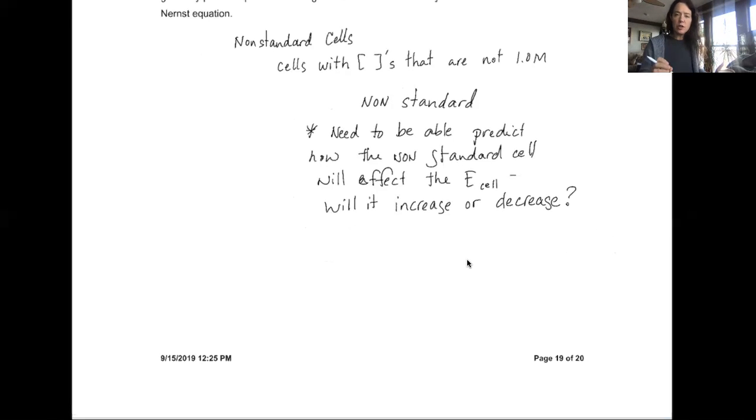Cell voltages, your E cells, are always working towards 0. They are working towards equilibrium, right? At equilibrium, cell stops working.